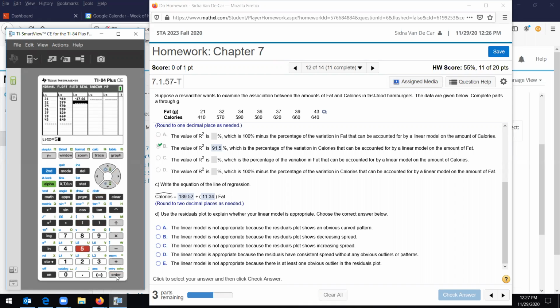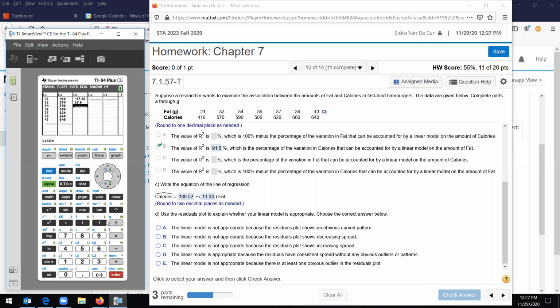Okay, 570 minus, this is annoying, I don't know a faster way to do it. And that is 32.